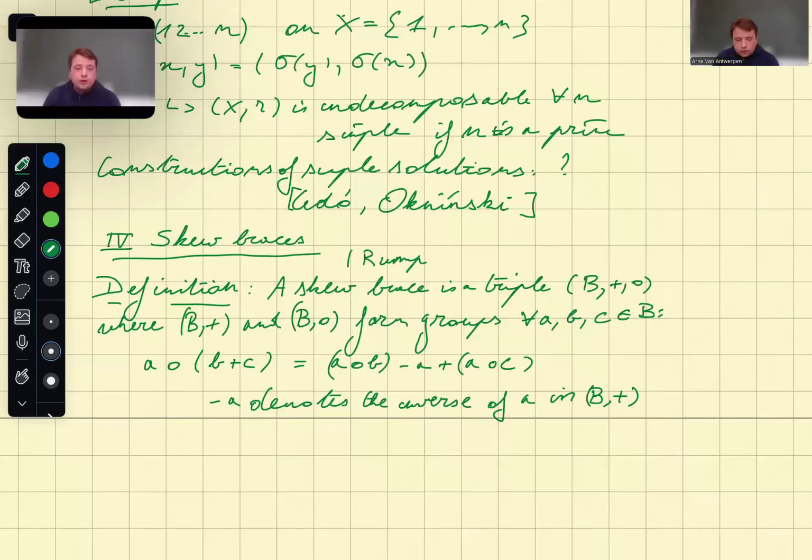For him, he took abelian groups (B, +). For us, that does not have to be abelian. That generalization was done by Guarnieri and Vendramin. So Rump introduced what we call a brace, and Guarnieri and Vendramin extended that to skew braces.